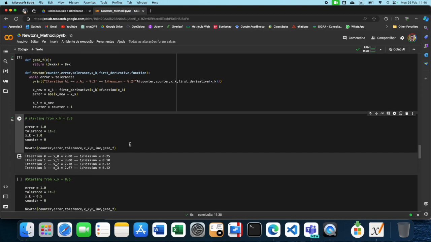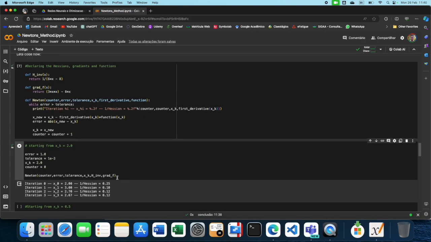It's going to be the same. But we are going to see that the gradient descent method is no longer so quick as the Newton's method to find the answer.